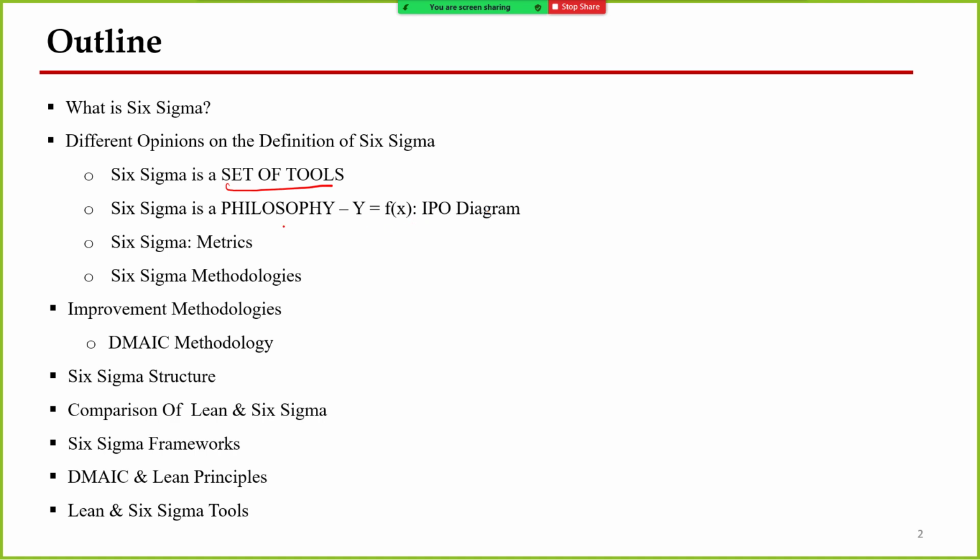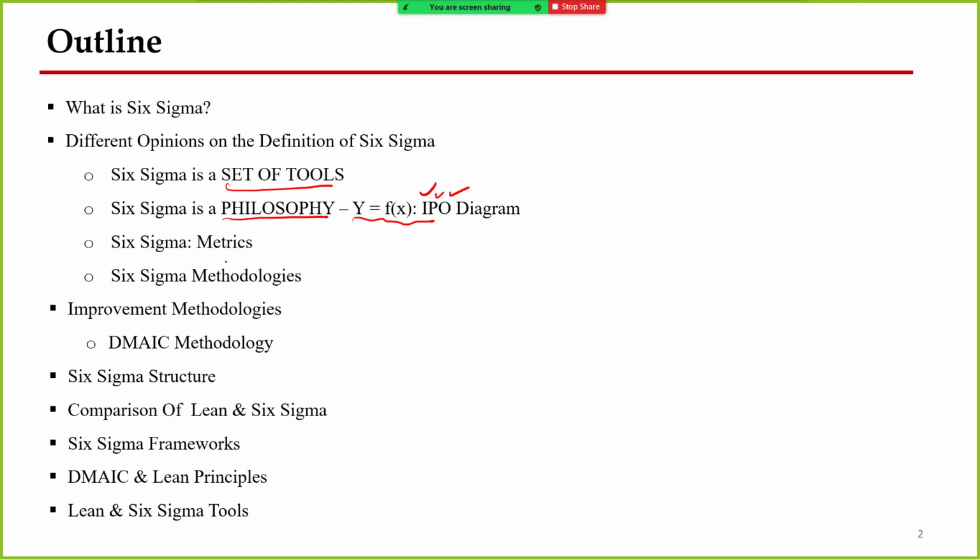Some people talk about Six Sigma from a philosophical perspective. When we say philosophical perspective, we are talking with respect to y is equal to f of x, or the IPO diagram perspective, which means input, process, and output.